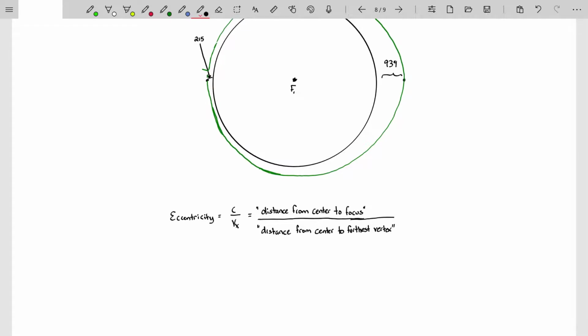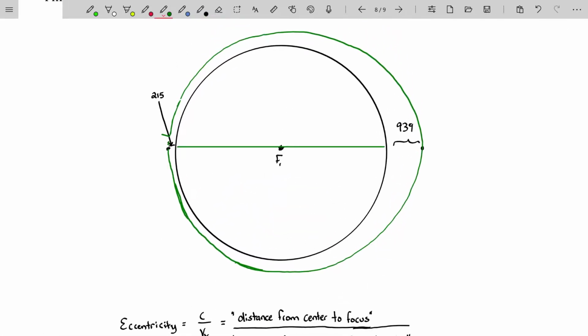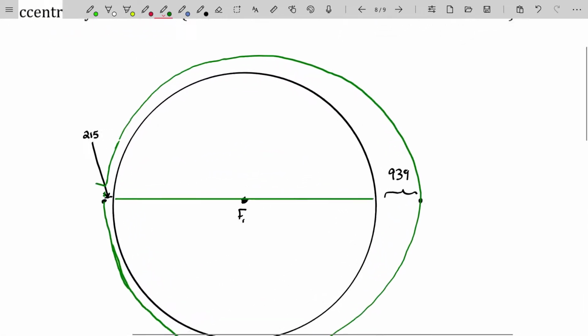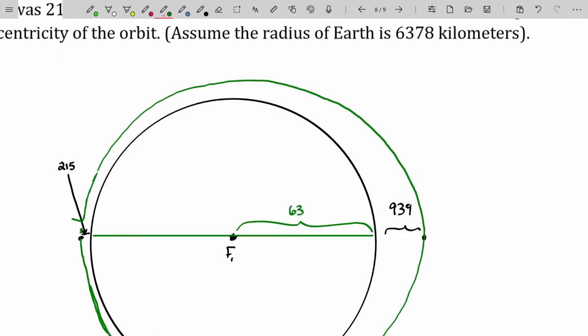So let's first figure out where the center of that green ellipse is. They've given me the radius of the Earth, 6,378 kilometers. Remember, the focus is at the center of the Earth. So this is 6,378 kilometers here, and this is another 6,378 kilometers. That's helpful because the center of this ellipse is halfway between the two vertices.